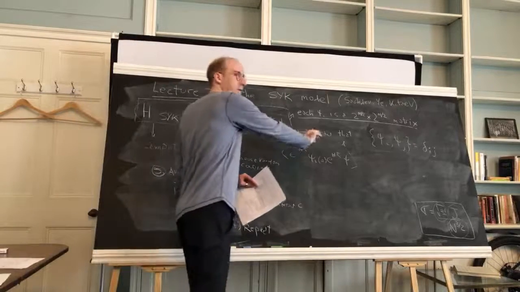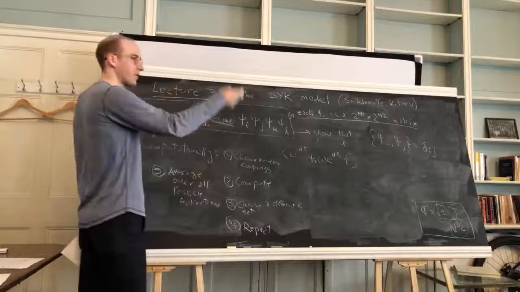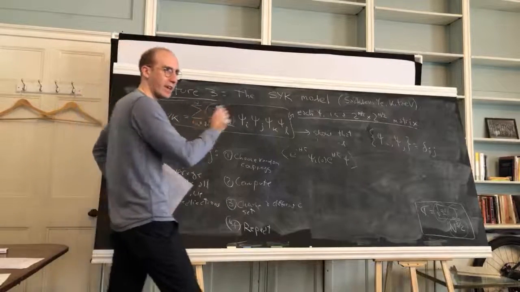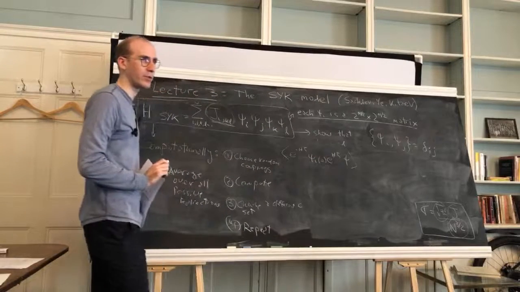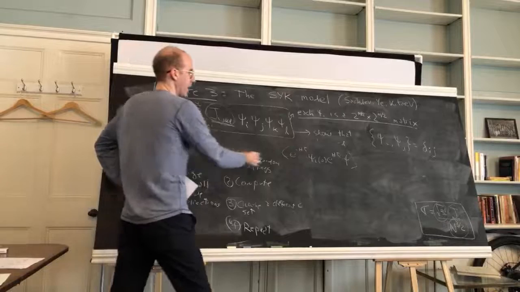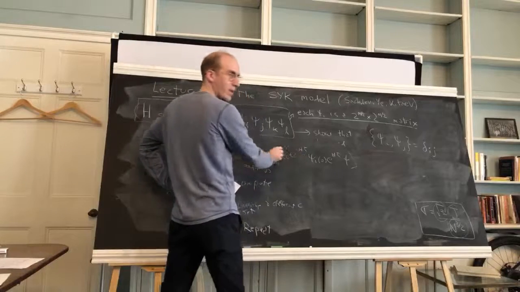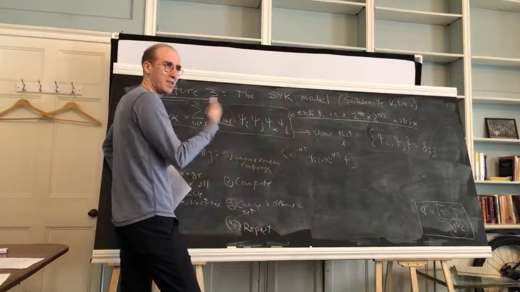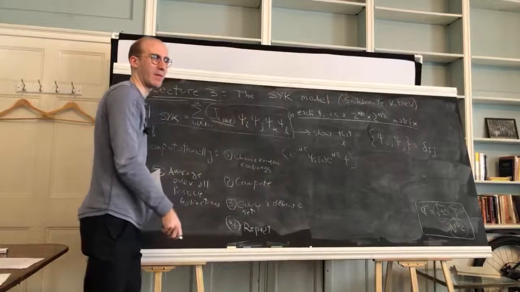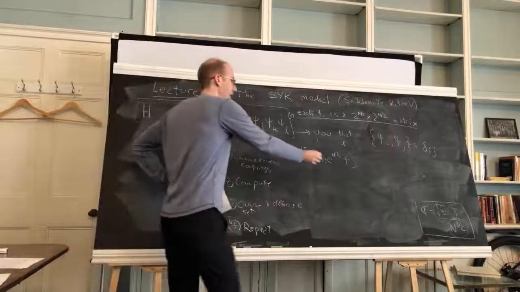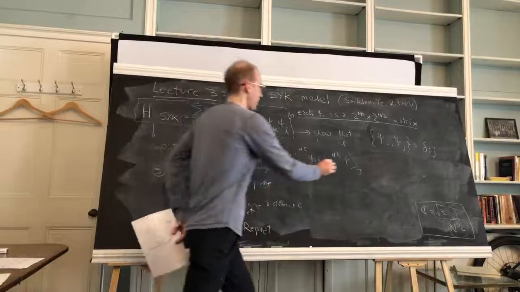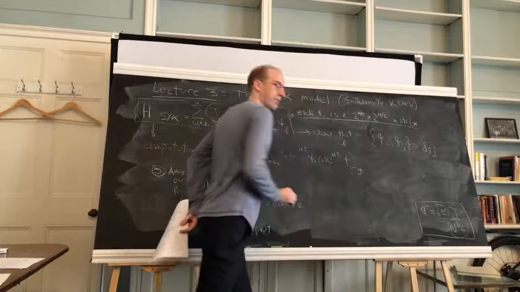Now I save this in my memory, and say, let's go again and pick some other set of numbers that I take again from that Gaussian distribution. I get a different Hamiltonian because all these numbers are different, and I compute this again, and I save that number. And I do that infinite times, and eventually I sum over all of them, divide by the number that I computed, and I get an average over all possible J's. The average is with uniform weight.